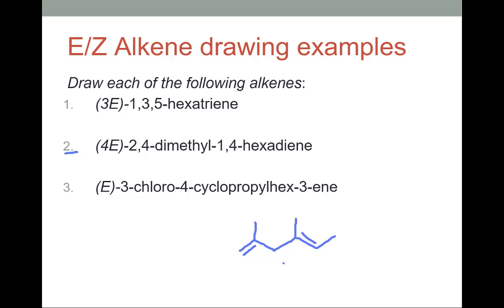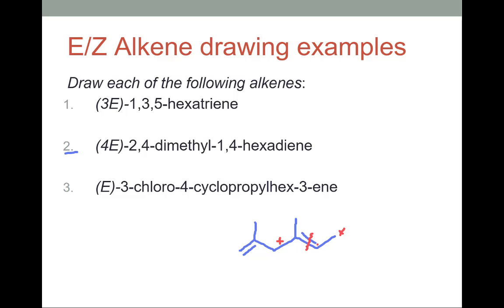But I drew this. Did I draw it right? Is this actually E around this double bond? Well, you got to make sure, okay? Because I drew it the easy way. I did this sawtooth thing, but as far as ranking goes, again, we'll split the double bond this way. That one ranks higher than the hydrogen that's hiding down here. This long chain is going to rank higher than the methyl group.